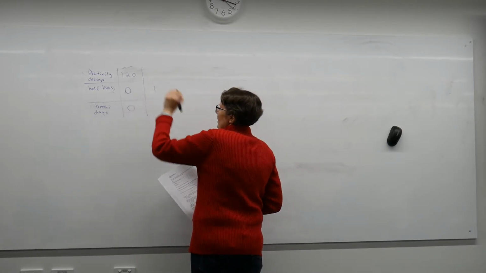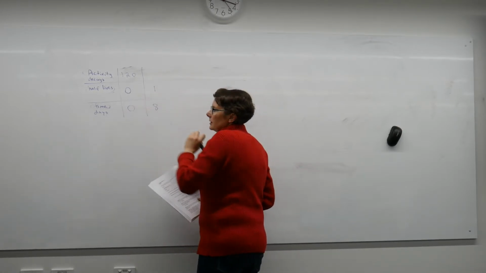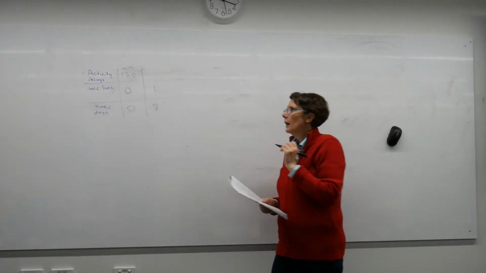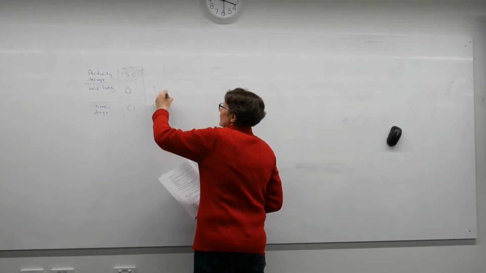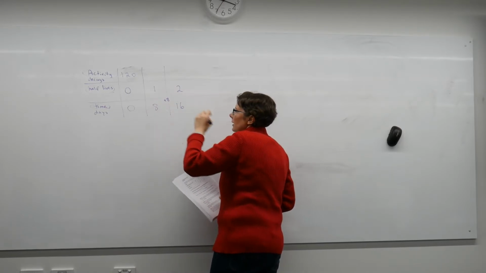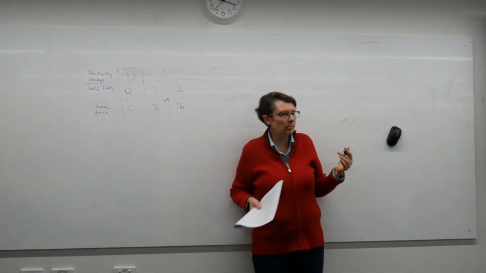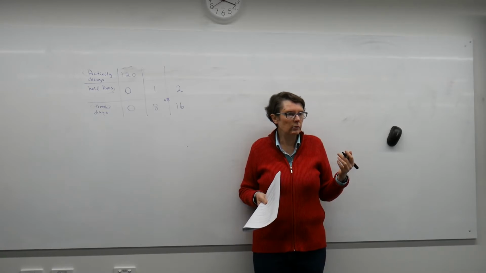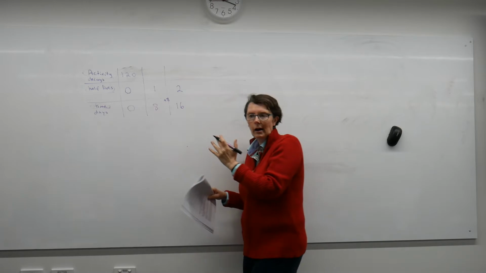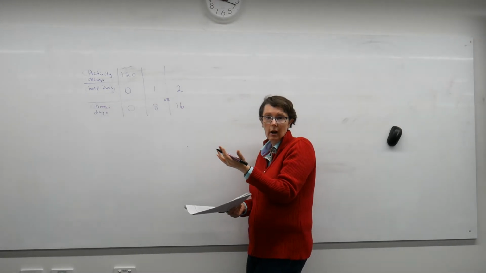Well, after 1 half-life, 8 days have passed. And after 2 half-lives, another 8 days have passed. And this is another place where students can get confused, because we know that the activity is going to halve after each half-life.